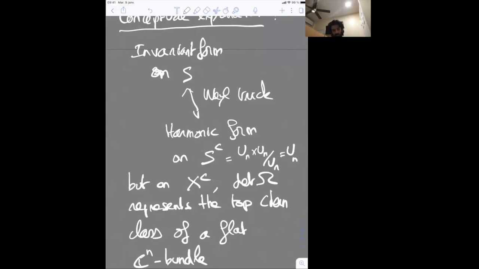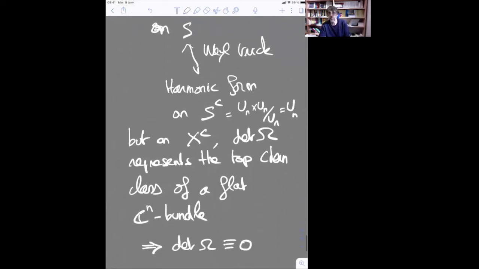And so it's a flat vector bundle, and the curvature form of this bundle is 0. The main reason is that S_C is Un cross Un mod Un, and the bundle is also exactly that. Un cross Un is a compact version.